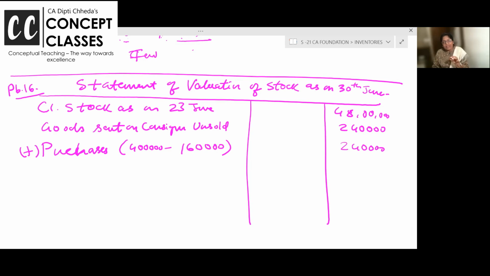When I am reading, dear students, you are reading or not, then you will follow my analysis. Next, sales were 1360, which included goods worth 320 sent on approval basis. Half of this were returned. Rest you accepted, no? So let us write. What is sale of goods between 23rd to this date? The sale was 1360.